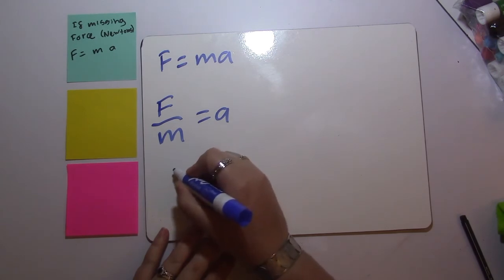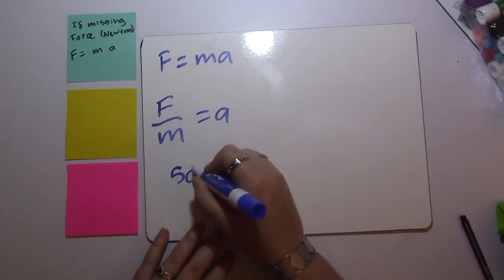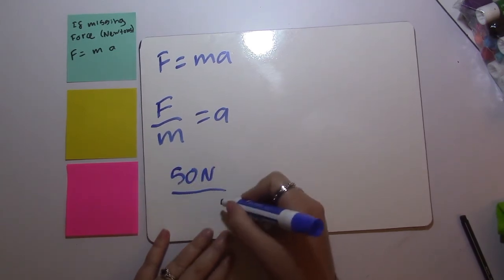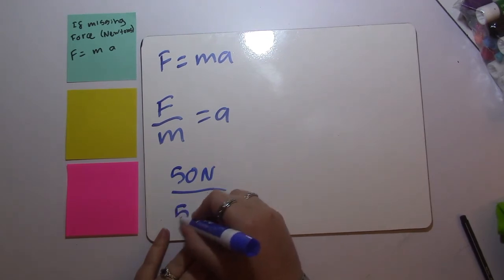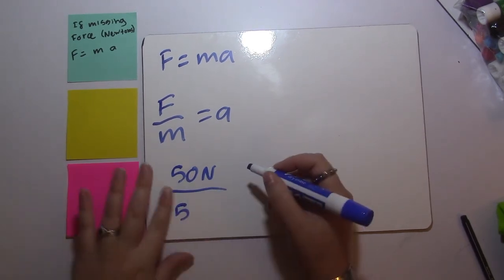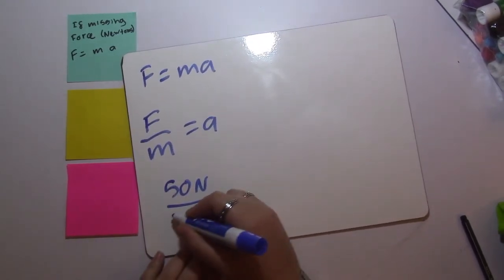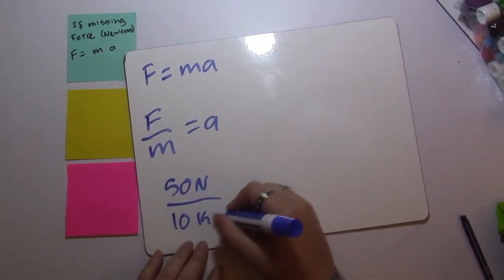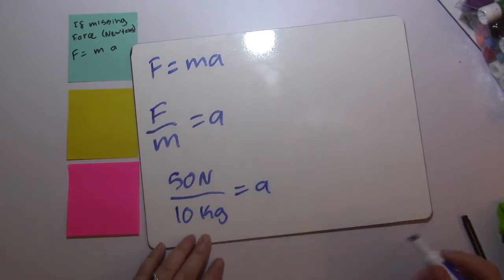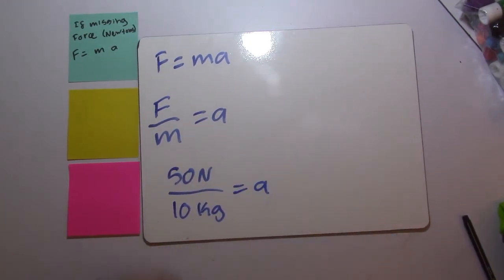So in that case, it would be 50 newtons divided by, no, we had 10, divided by 10 kilograms equals acceleration. And then you would solve it the same way.